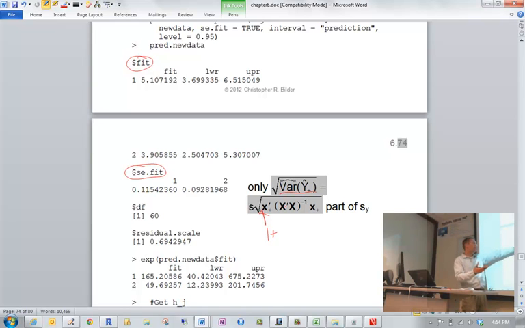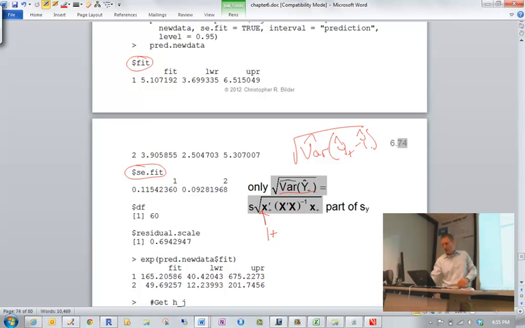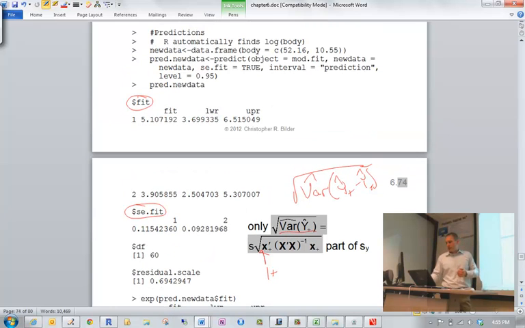I wish they would put what we would want, which is actually this. I wish they would put that there, but you can actually use this se.fit argument without the interval part. And so then it kind of makes sense.